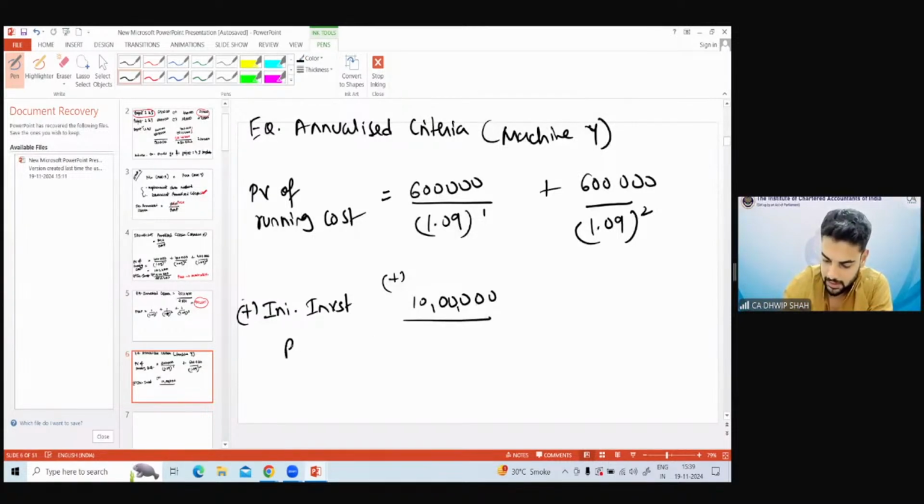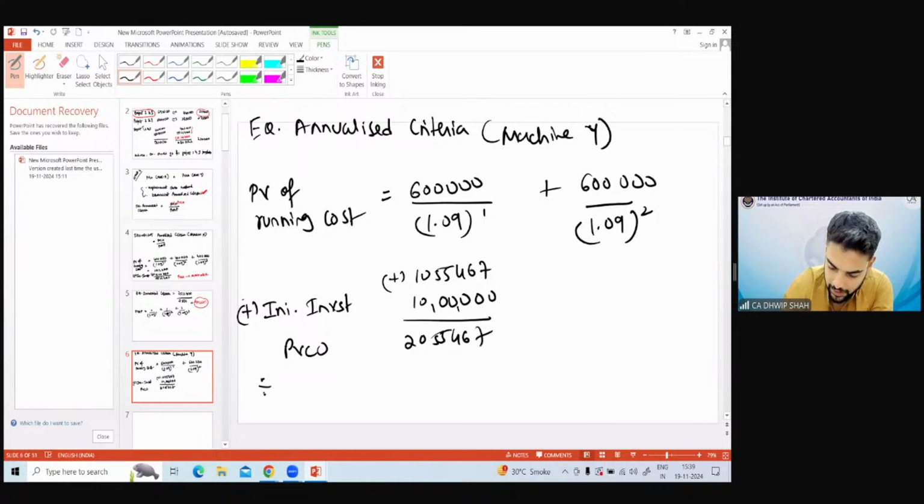So my PVCO for machine Y comes to, how much is the present value of running cost? 6 lakh divided by 1.09. It is 1,055,467, I guess. 1,055, yes. 1,055,467.